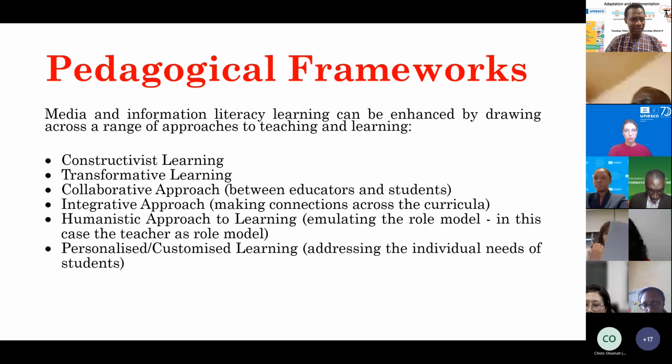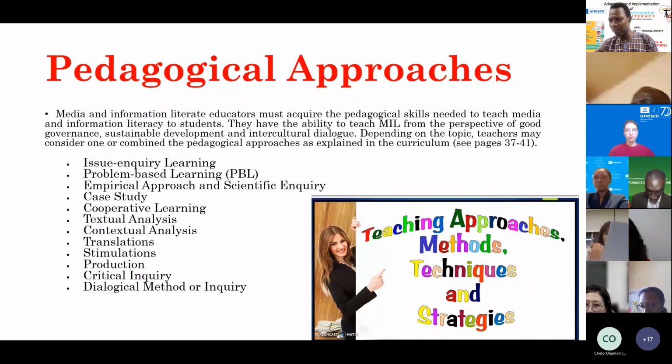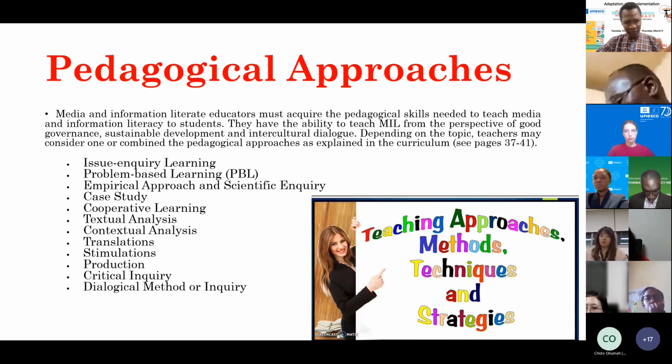And then to round it up now, pedagogical approaches. This is a method now. I've given you the approaches you can use. I've talked about frameworks. Please don't mix up the framework with approaches, with methods. Those are three different things.